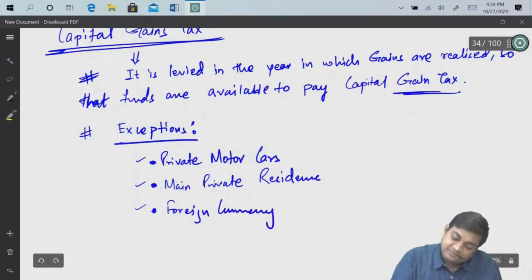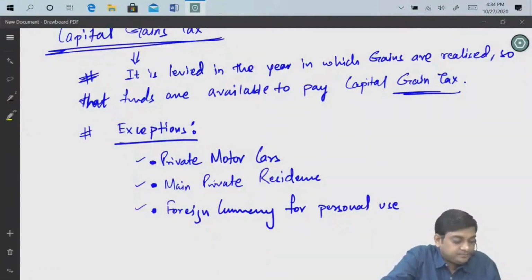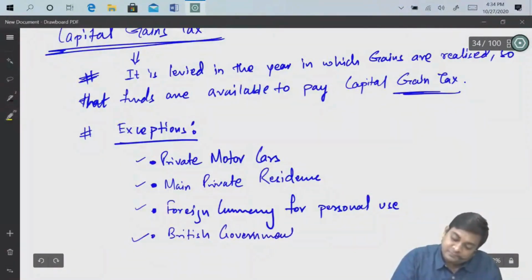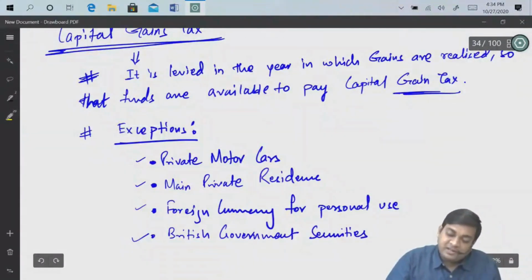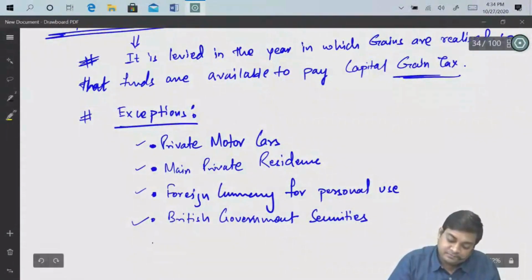Foreign currency for personal use. British government securities, no capital gain.